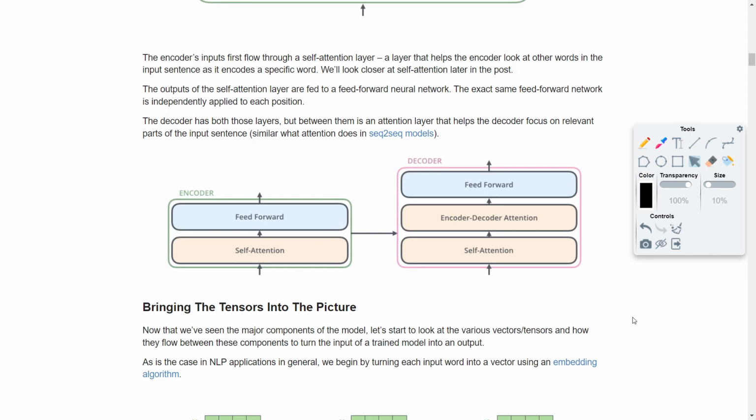In the decoder block, we pass the English sentence, telling it this is the output that we want. That is processed and passed to the self-attention layer. Then the output of the encoder and the output of the decoder's self-attention layer are passed to the encoder-decoder attention layer, and then everything is passed to the feed-forward layer for further processing, and then we finally get the output.